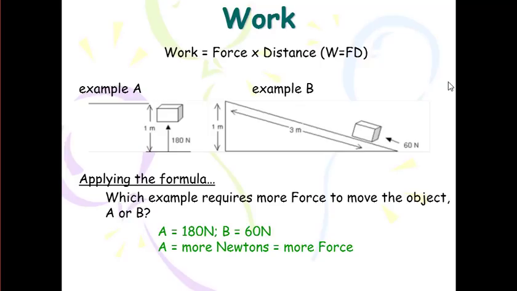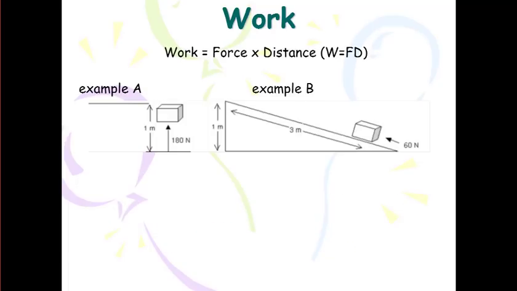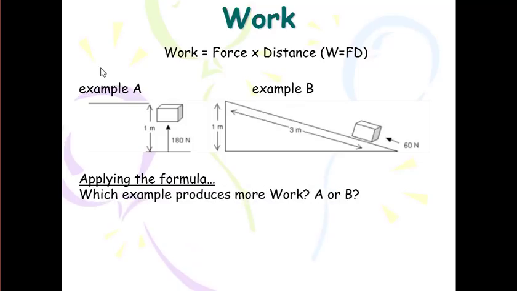Let's try another question though. Same examples. Which example produces more work, A or B? And to answer that, pretty simple really, but let's plug them into the work formula. Example A, we've got 1 meter times 180 newtons.